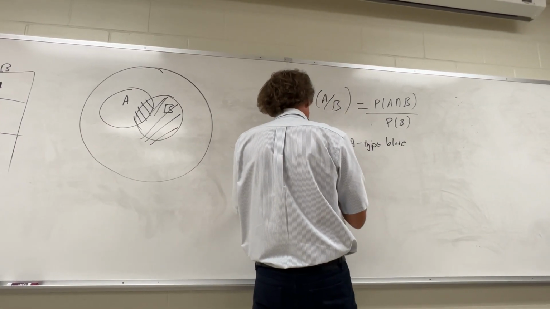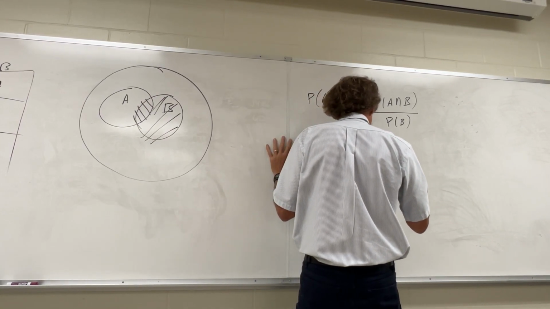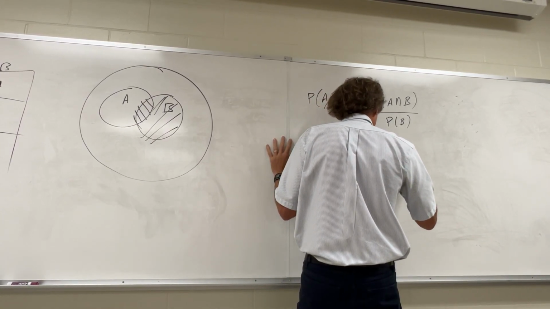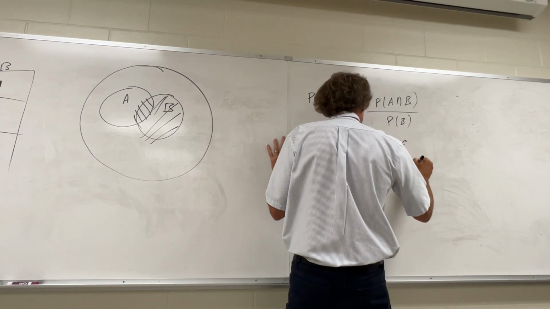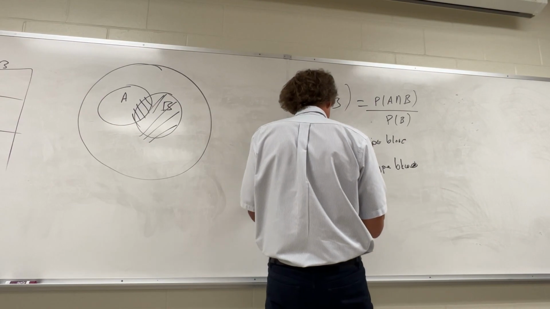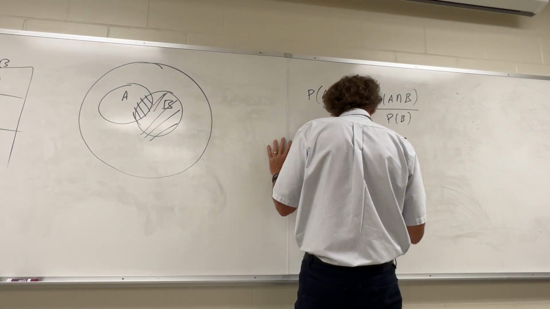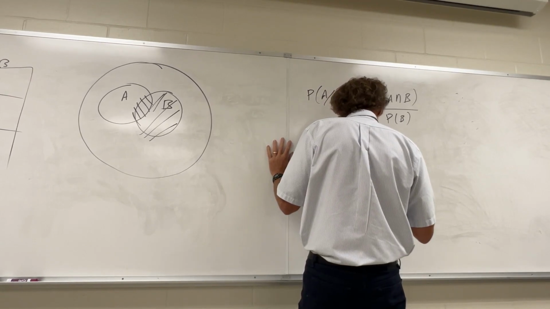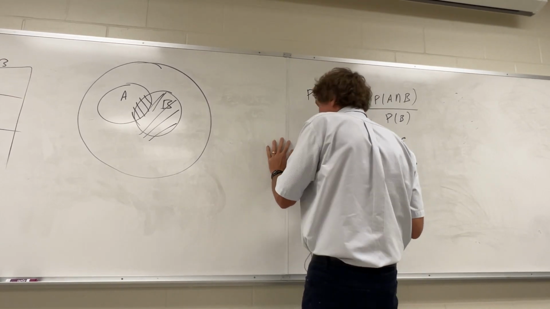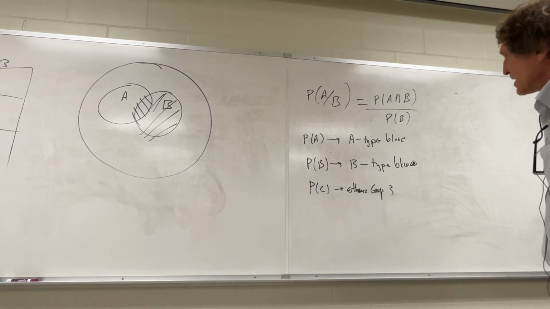And then P of B is going to be B-type blood. Again, this is problem 150. And then probability, he calls C, that they're members of ethnic group 3, right? Okay, so now we'll call that C.